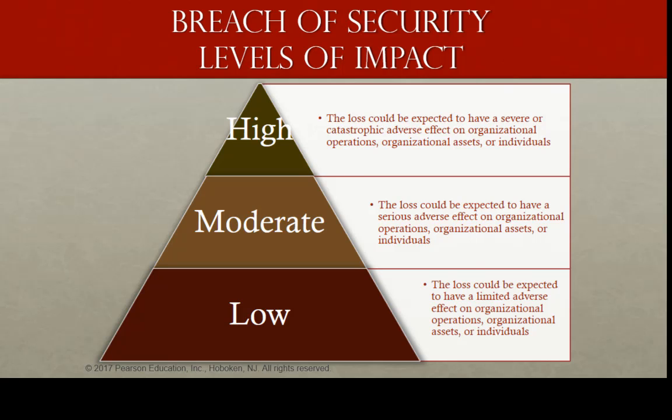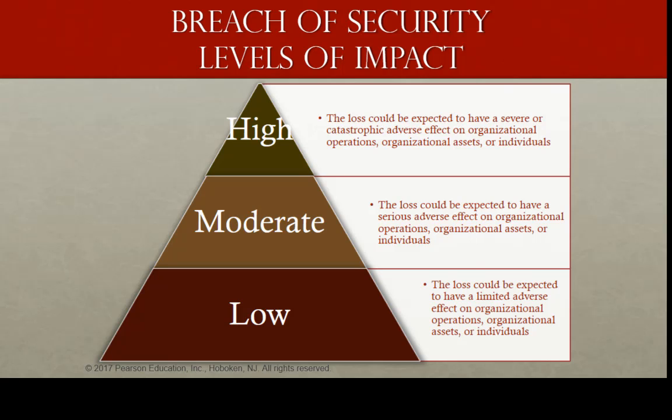So let's move on over to the moderate. For the moderate, the loss could be expected to have a serious adverse effect on organizational operations, organizational assets, or individuals. A serious adverse effect means that, for example, the loss might cause a significant degradation in mission capability to an extent and duration that the organization is able to perform its primary functions, but the effectiveness of the functions is significantly reduced.